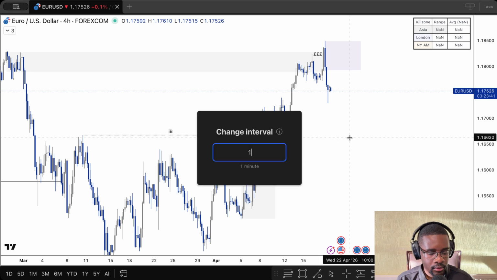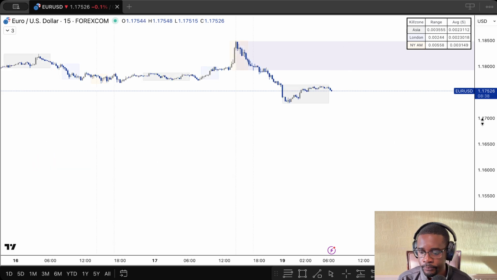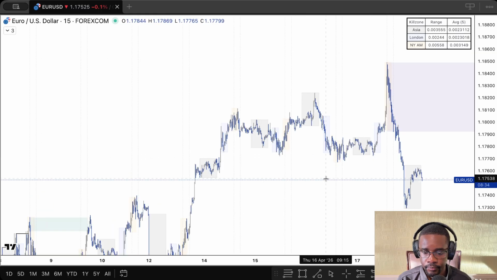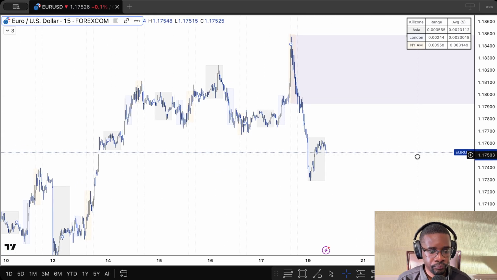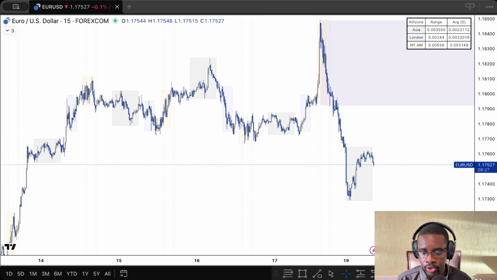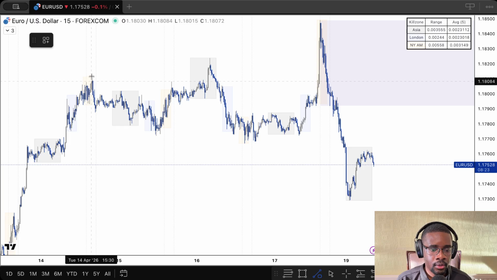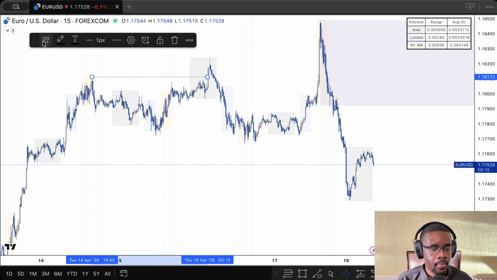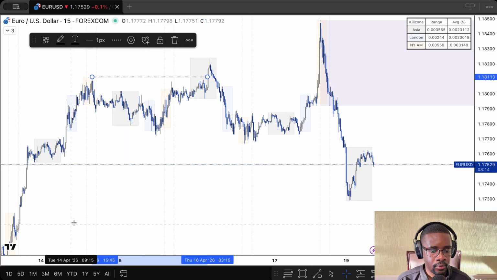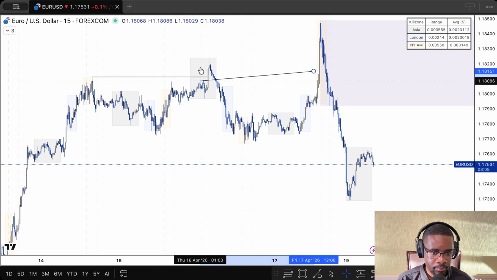So let's look at the 15-minute. So current swing ranges on the 15-minute. So we had one here. That was our 15 BOS. And then we had another break of structure here.